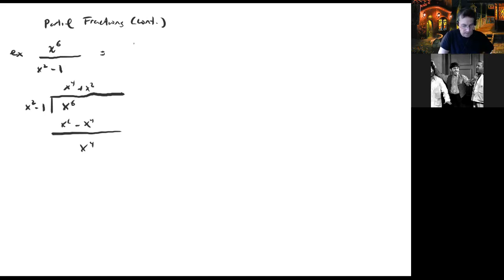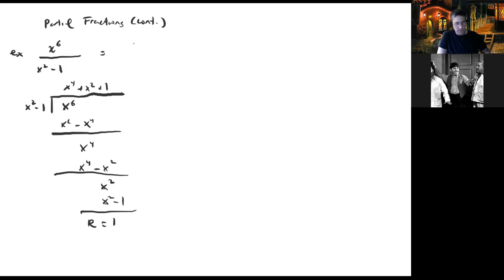And so we get x to the fourth minus x squared. We subtract, we get x squared. X squared minus 1 goes into x squared once. And then we subtract off x squared minus 1. We get a remainder. The remainder is 1.